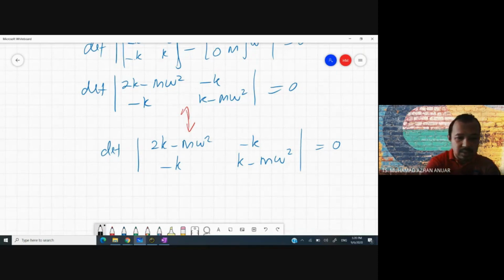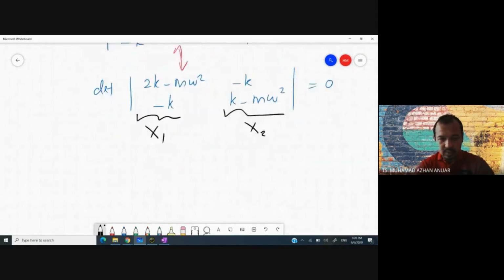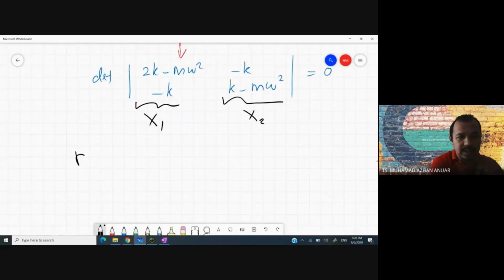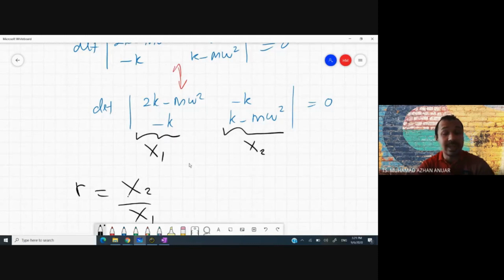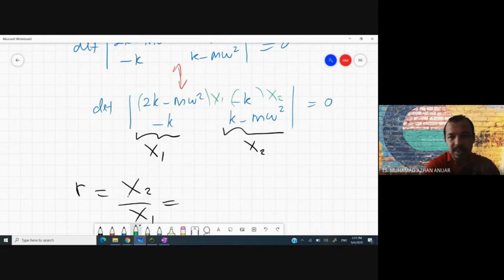But you should know that this one is basically multiplied by x1, and this one here is basically multiplied by x2. So from here, you know that r is equal to x2 divided by x1. So you should know from this method how to get the ratio between x2 and x1. If we visualize it, this one is multiplied by x1 and this one by x2.